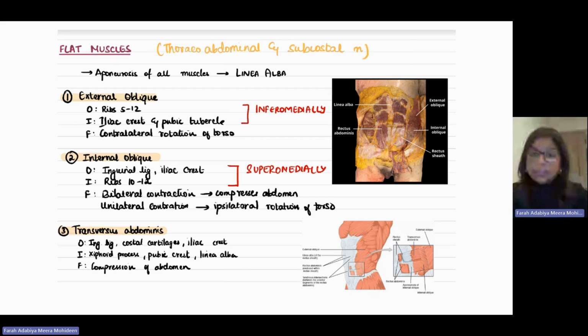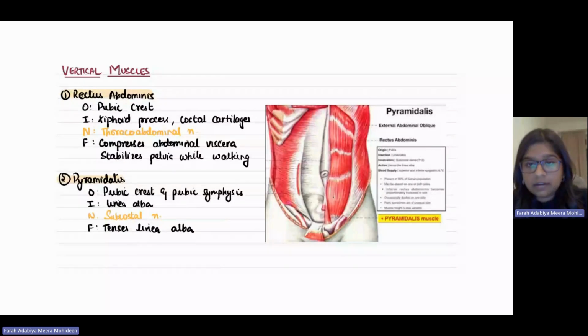Now we talk about the two vertical muscles. You have two muscles, rectus abdominis and then pyramidalis. Rectus abdominis, you can see in the picture, it's this huge muscle right in front, which is responsible for your abs when you do crunches. So this is the major muscle.